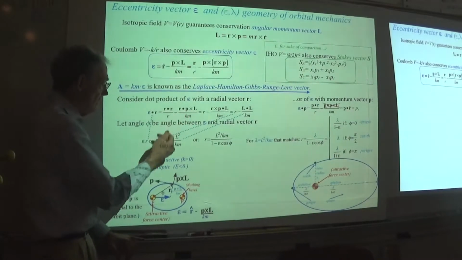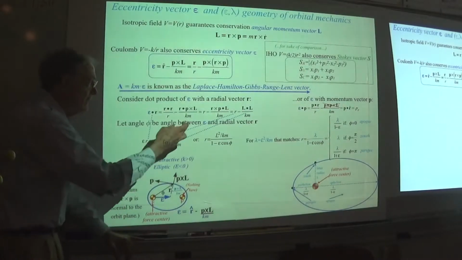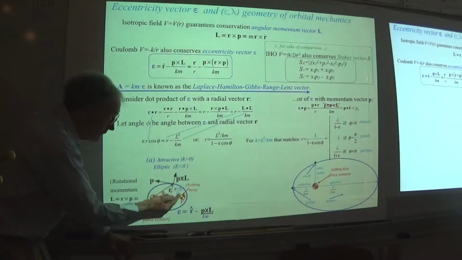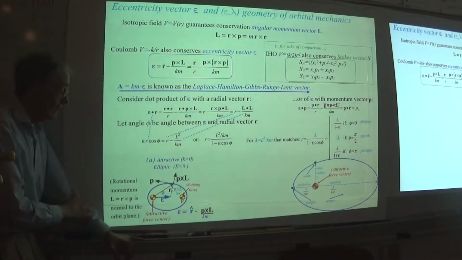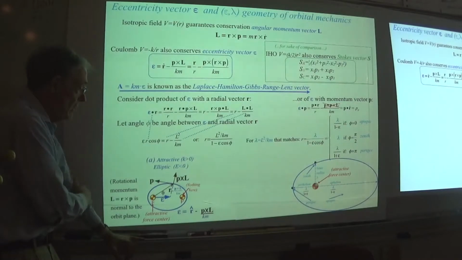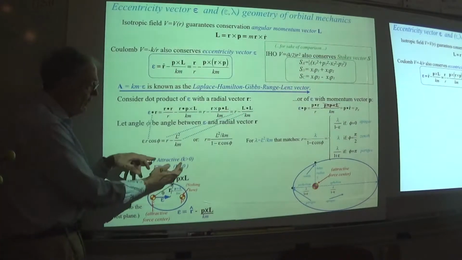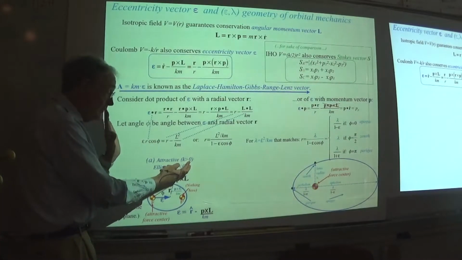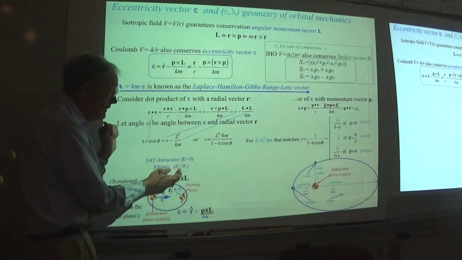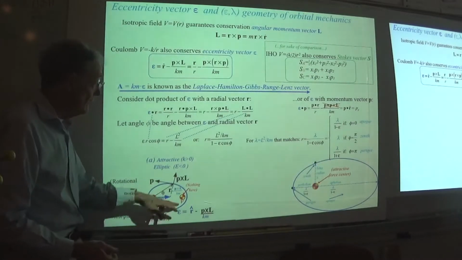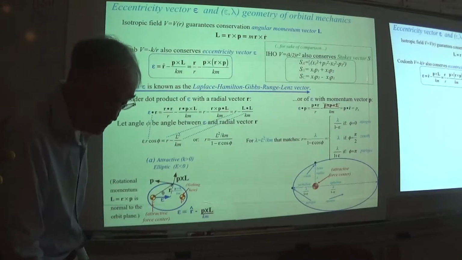There's P cross L divided by the constants, the Coulomb constant and the mass of the particle that's orbiting. So this is the case for K greater than 0. Our convention is that's attractive with Coulomb, and energy is less than 0. That's bound energy, ellipse, and this eccentricity vector does very well for that.